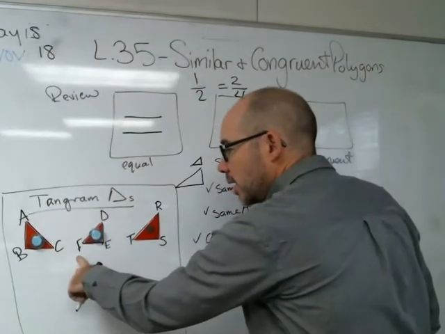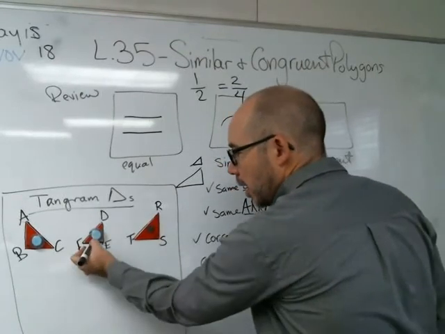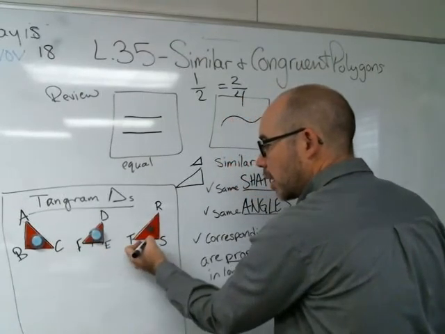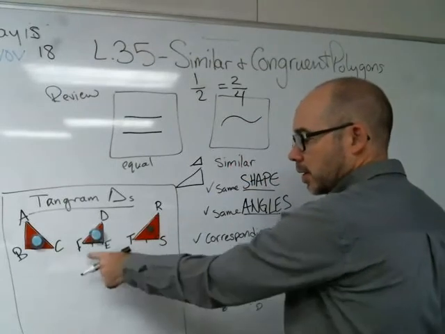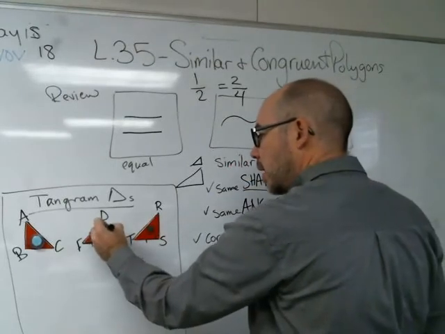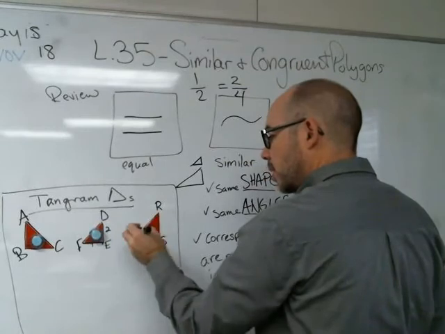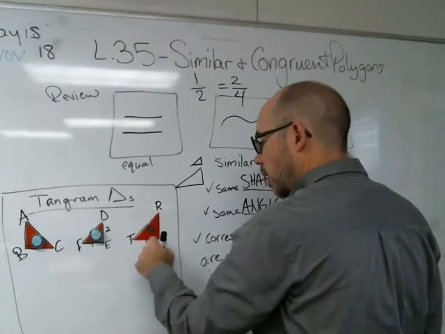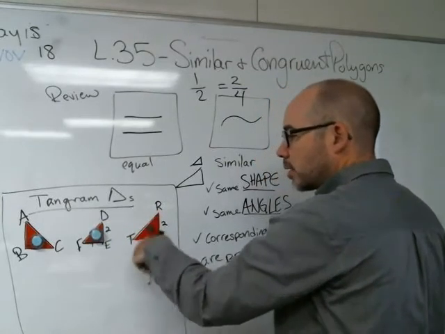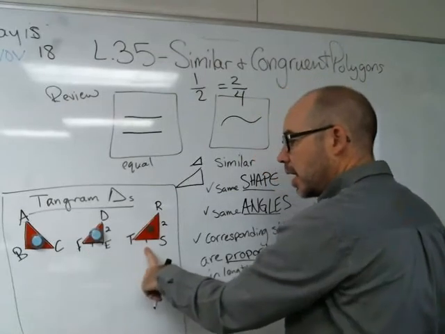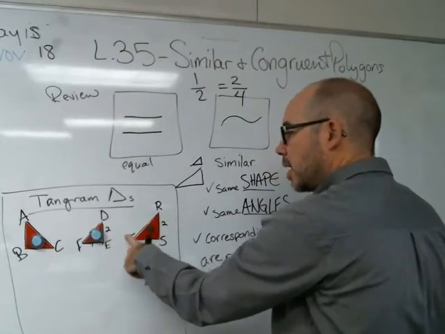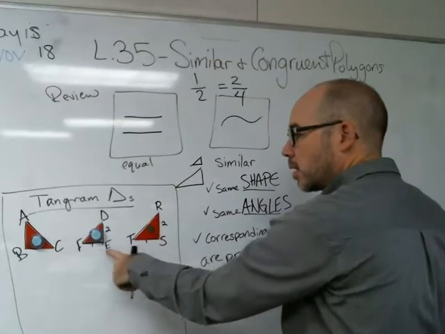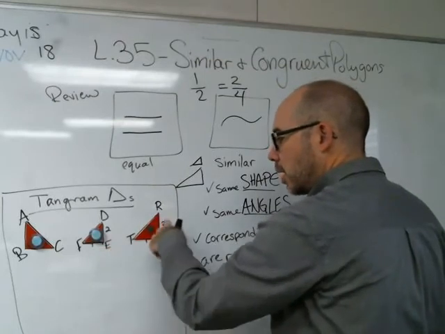So this side here is EF. It goes along with this side here, TS, side 1. And then DE would be like side 2. And so EF is to TS as DE is to RS. This one's obviously the small version, and this is the big version.